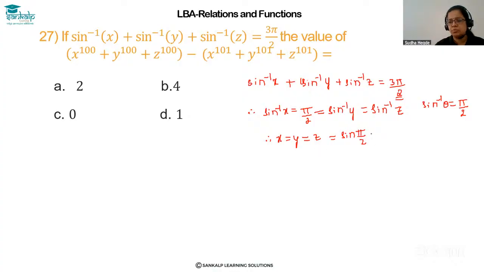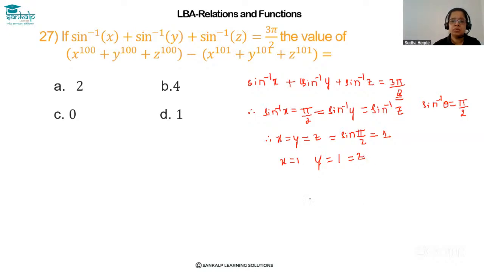Each one is pi by 2. So what is sine pi by 2? That is 1. Therefore, x is equal to 1, y is equal to 1, z is equal to 1.